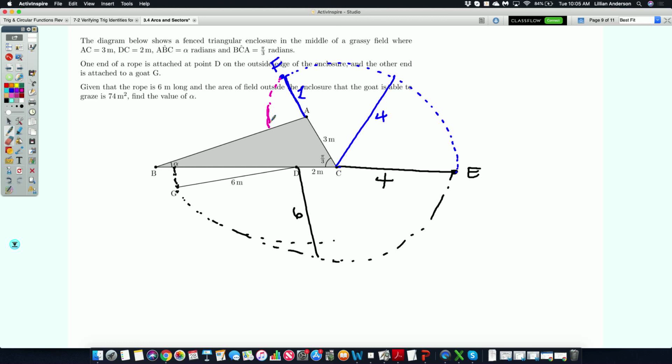But this entire area, the pink area, the blue area, and the black area, how much is he able to graze? 74 meters squared.